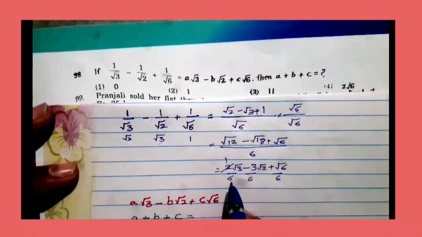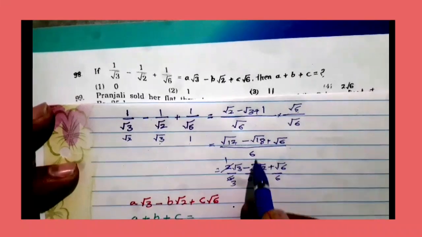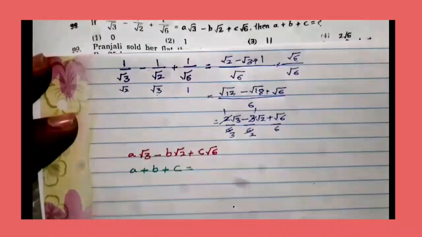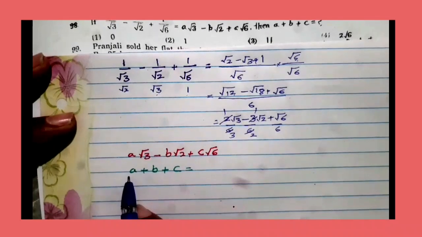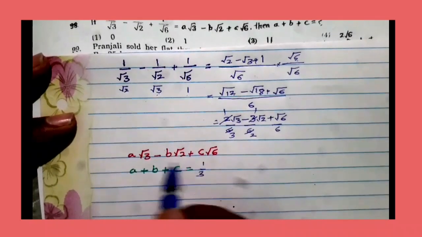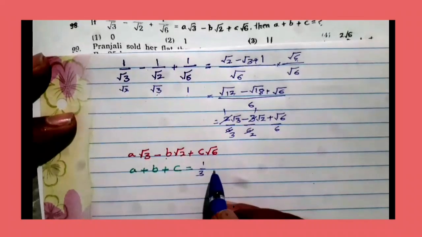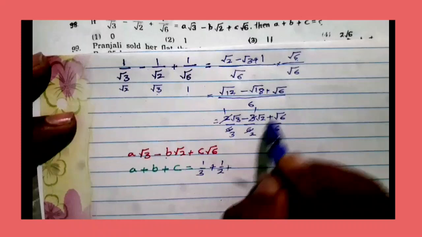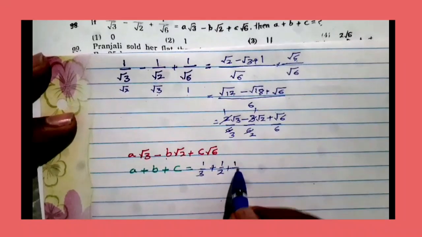Now divide 1 by 3. 3 times 2 is 6. So by comparing this equation, A is 1 by 3, B is 1 by 2, and C is 1 by 6.